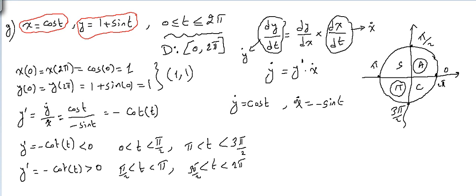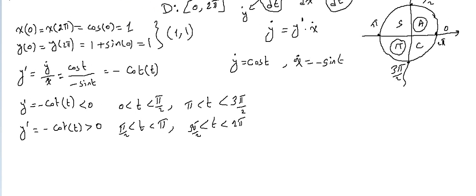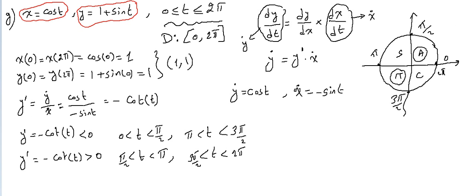This is the sign of this derivative. We have something very important now here. We have what at 0, at pi by 2, and at 3 pi by 2? Okay, let me do it on this side here. Let's see what will be the derivative.